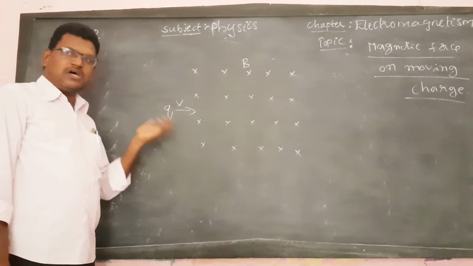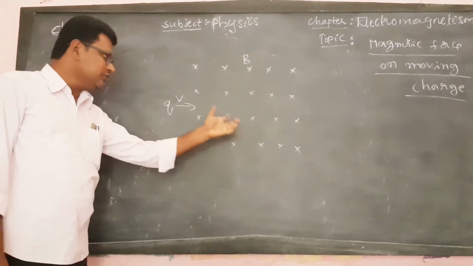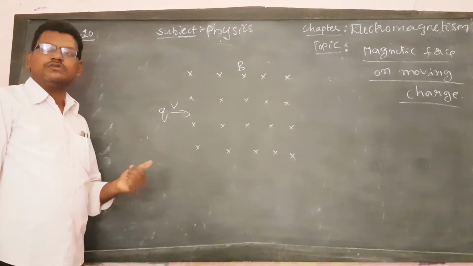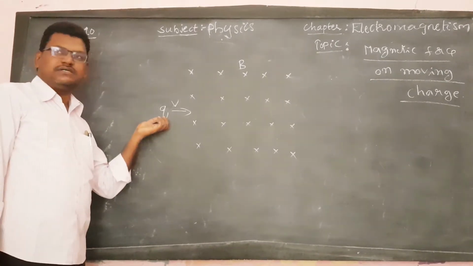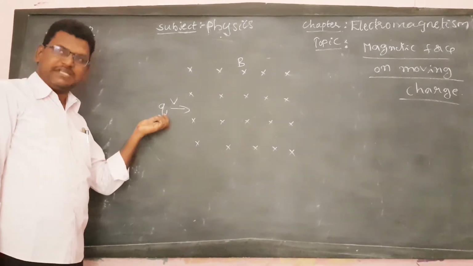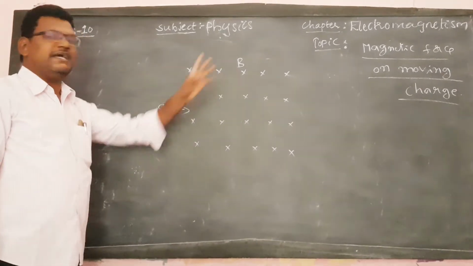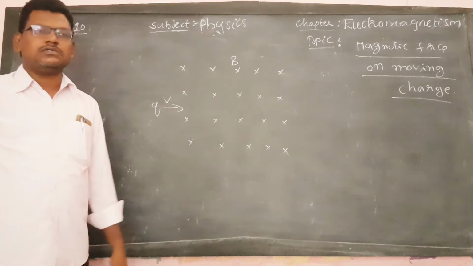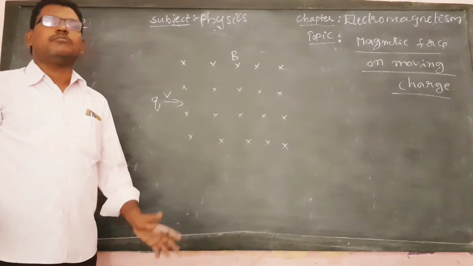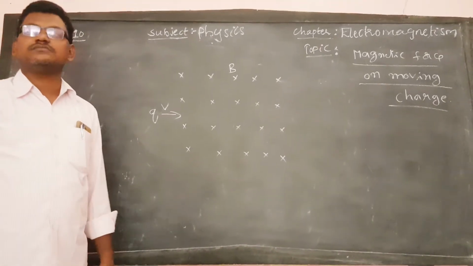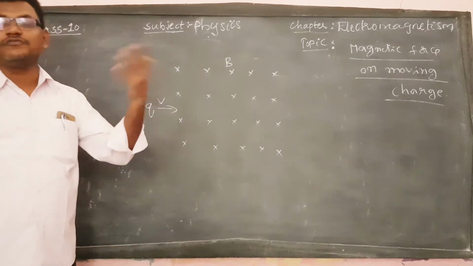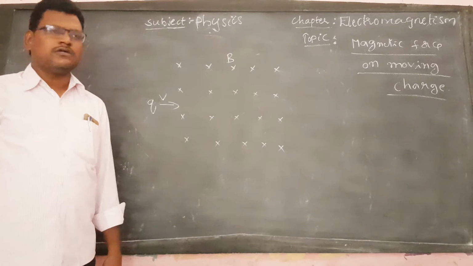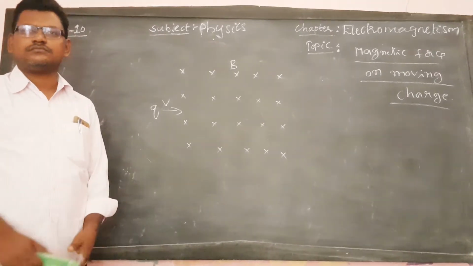Now if this charged particle enters into this perpendicular magnetic field, what magnetic force does it experience by the external magnetic field? External magnetic fields can exert a magnetic force on charged particles. So it is very common.